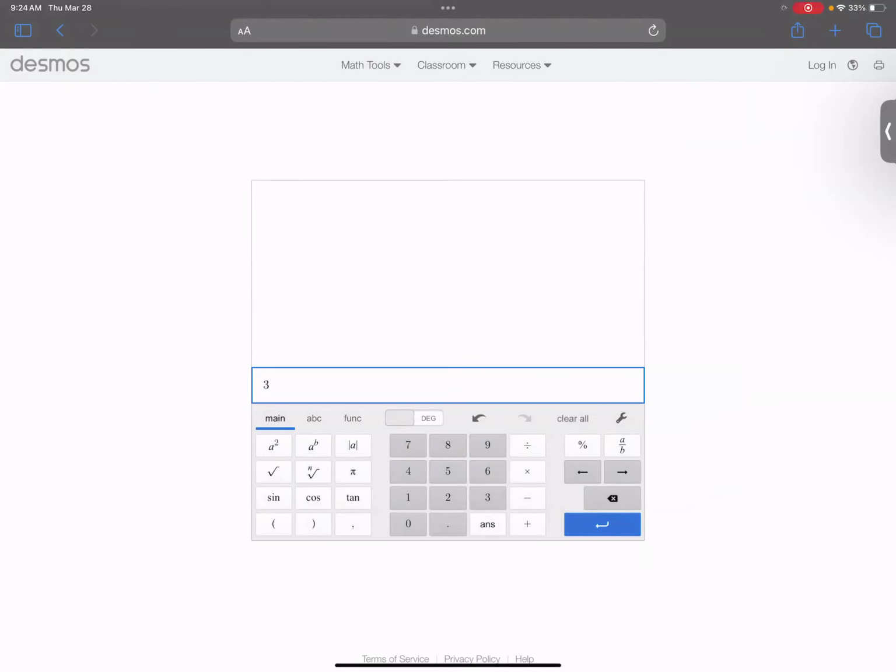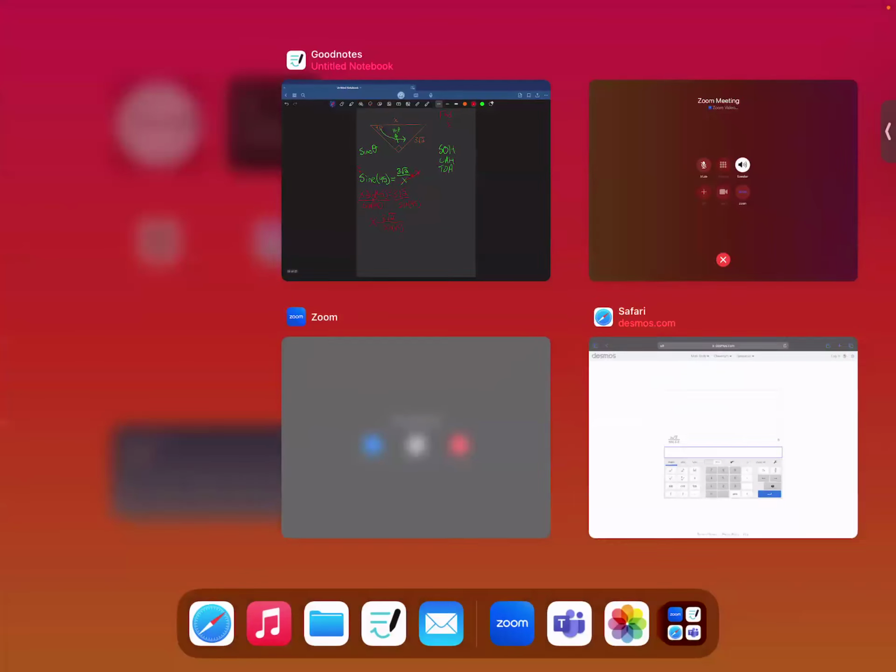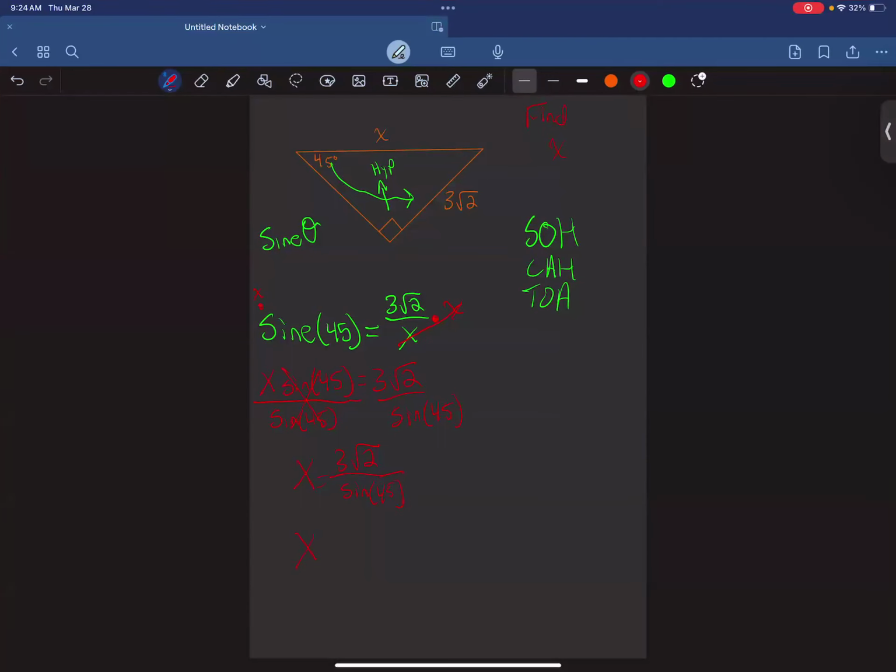So we said 3 square root of 2 divided by sine 45. Enter. And it gives you 6. So 3 times square root of 2 divided by sine 45 gives us a nice, easy, clean measure of 6. And that is exactly how you would approach this problem every single time.